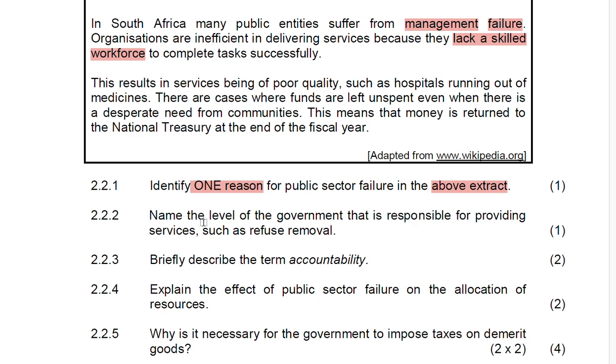2.2.2, name the level of the government that is responsible for providing services such as refuse removal. So, in your hometown, if you are staying in an urban area, who is responsible for providing services such as refuse removal?